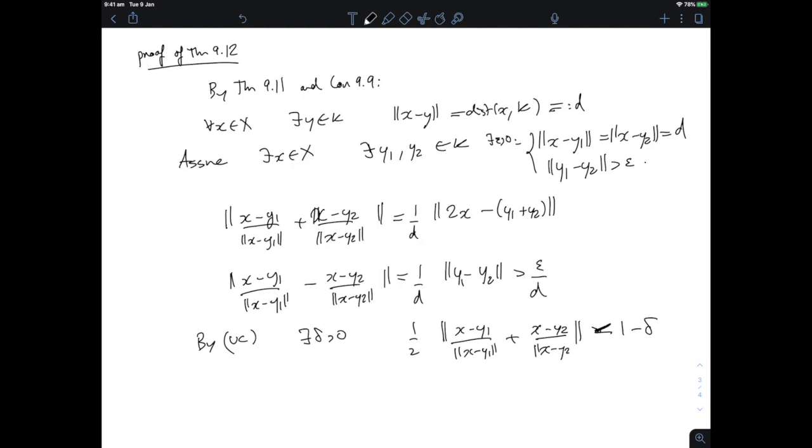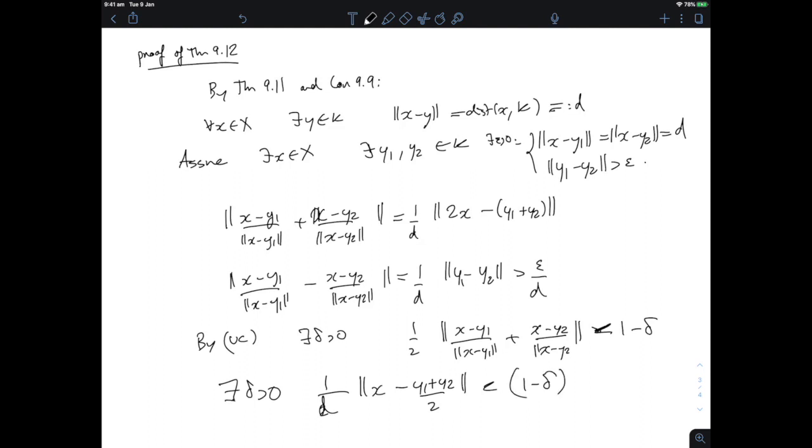But we know what that is, so this means that 1 upon 2d, or 1 upon d, times the norm of x minus (y1 plus y2) over 2 has to be smaller than 1 minus delta.